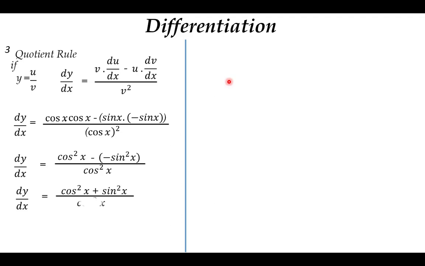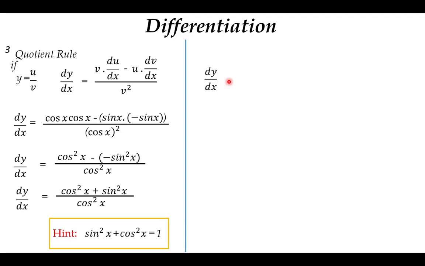Now let us take another hint. Based on the law of trigonometry, we have that sin squared x plus cos squared x is equal to 1.